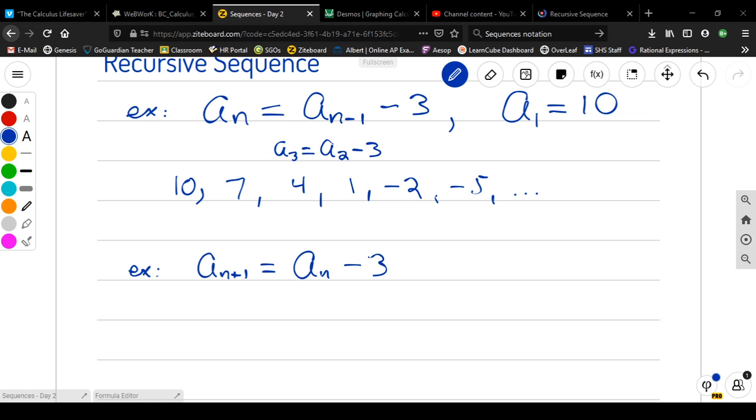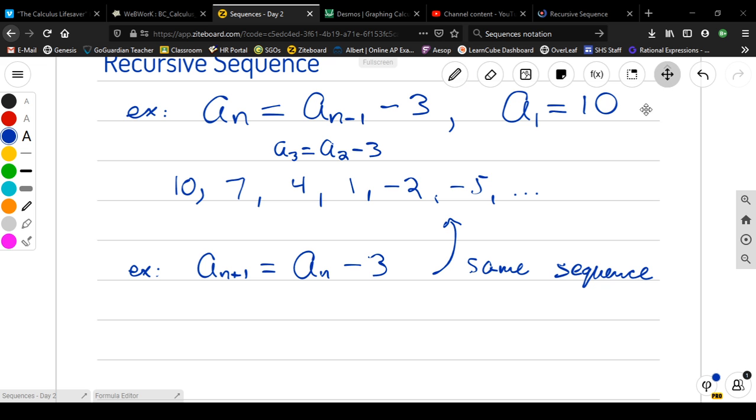This is really the same sequence as above. It says in order to get the next term, take the term that you're at and subtract 3. I mean, this is the same sequence, just defining your a sub n plus 1 based on the previous term, okay?